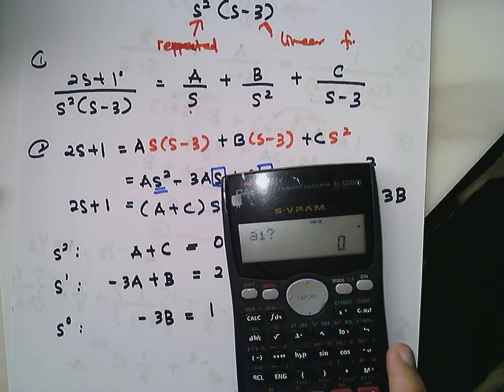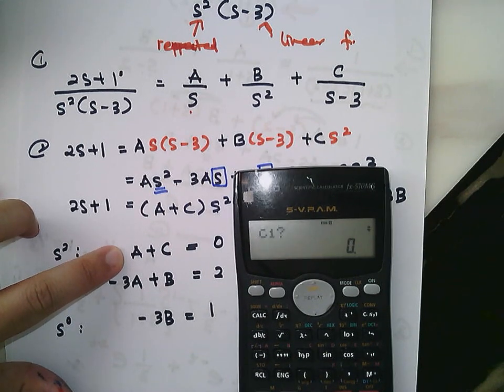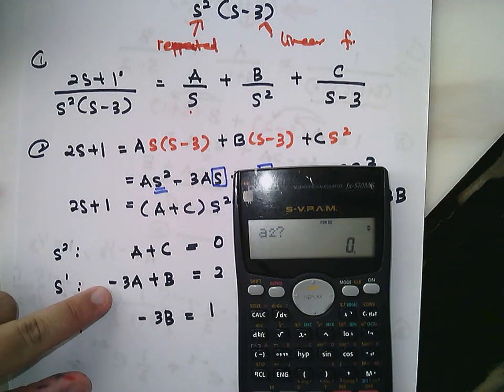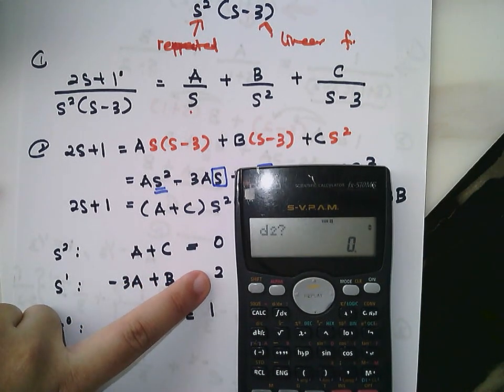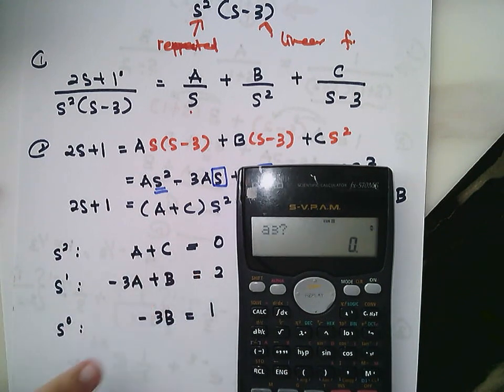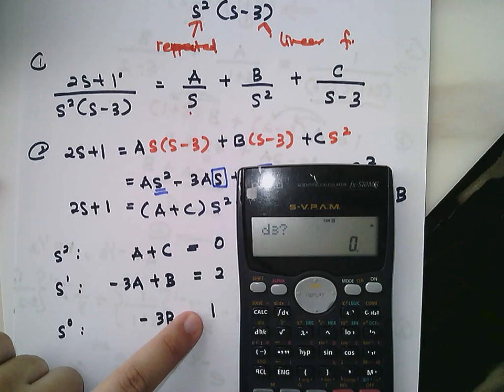So set this up as three equations with three unknowns. The first equation: a1 is equal to 1, b is 0, c is equal to 1, and d is equal to 0. The second one: a2 is equal to negative 3, b is equal to 1, you don't have c so 0, and d is equal to 2. And the last one: a is equal to 0, b is equal to negative 3, c is equal to 0, and d is equal to 1.